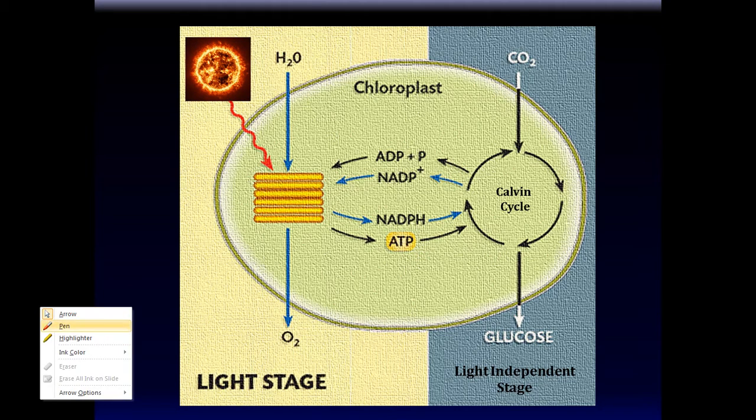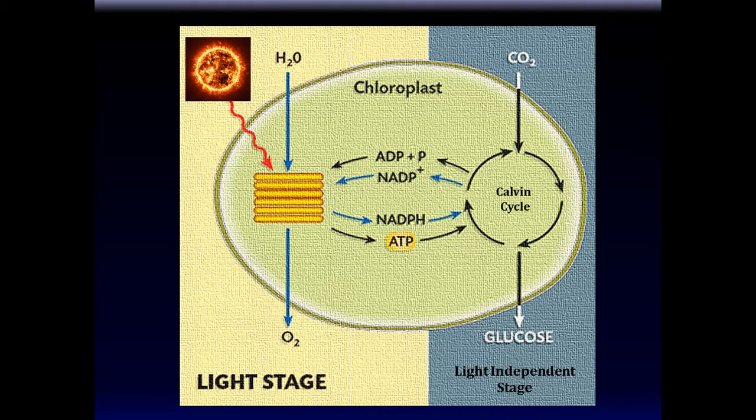Sometimes this is called the dark stage, which is the terminology. That's not very good, but it kind of sounds cool, right? So this is the light stage, and that's the dark stage of photosynthesis. More properly stated, light stage versus light independent stage.